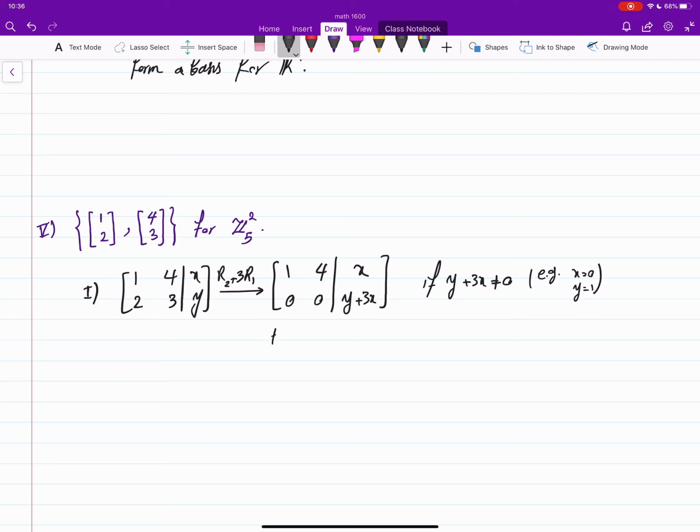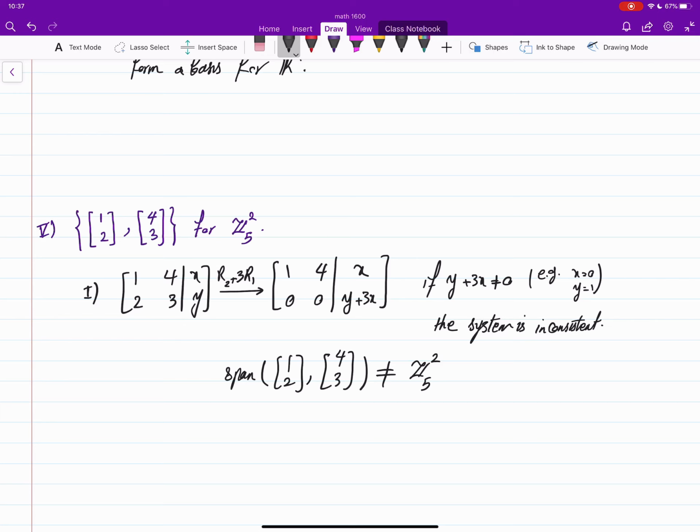The system is inconsistent. That means that the span of these vectors is not the whole Z5 to the power 2.